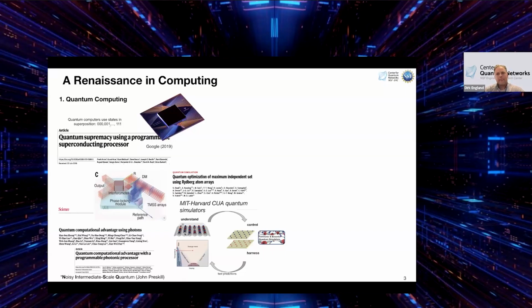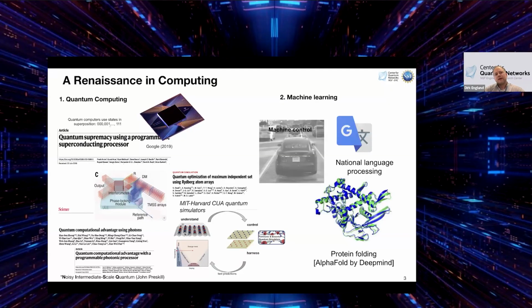of the parts. And the other area of really the renaissance in computing is in machine learning. And machine learning is super important for controlling quantum computers and quantum information science and technology systems.